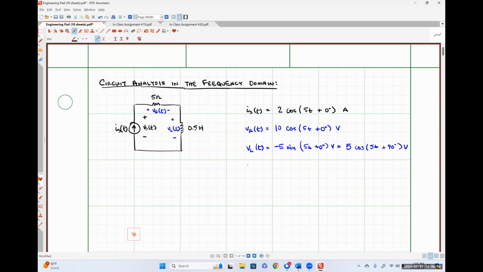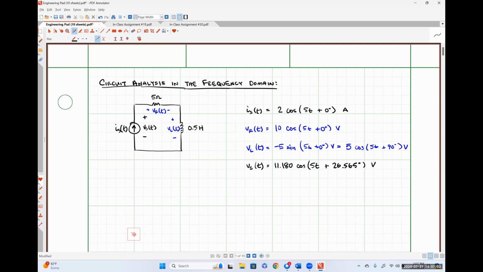And then we used complex numbers to effectively add those two signals together and found that we could express the voltage drop across our source as a single sinusoid with a value of 11.180 cosine 5t plus 26.565 degrees volts.